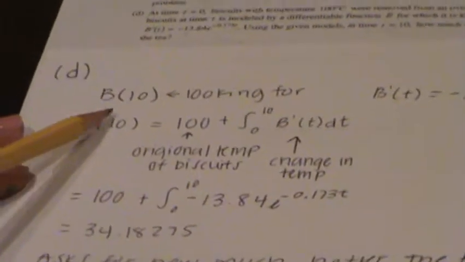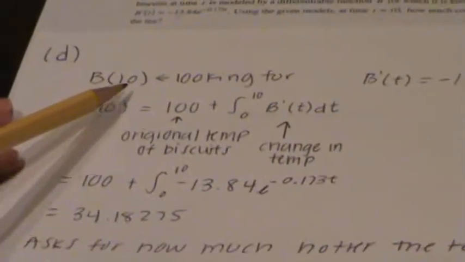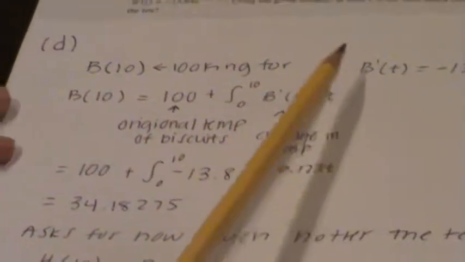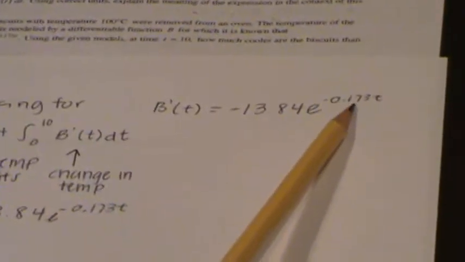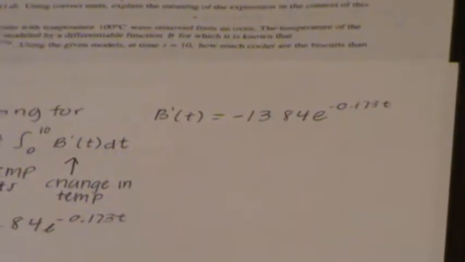So first we need to find B of 10. So we need to find the temperature of the biscuits at time t equals 10 minutes. And we know that B prime of t equals negative 13.84 times e to the negative 0.173t.